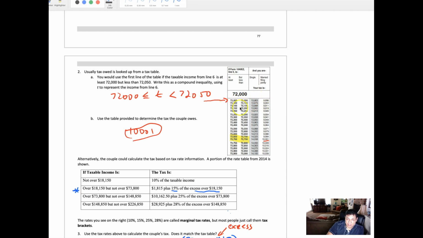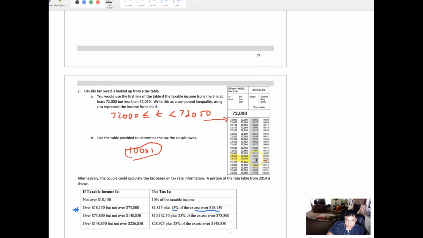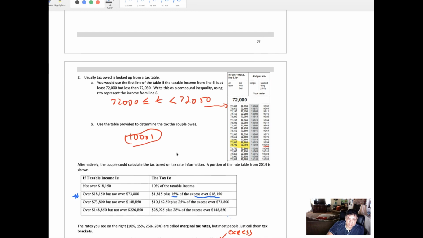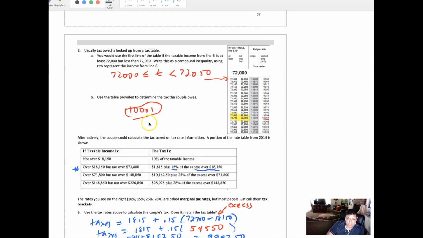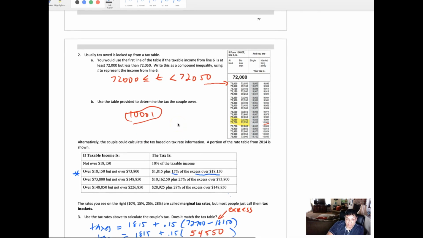That's how you determine if you owe tax or not. For the couple on the top, 72,700, you'd be using this row, and they would owe $10,001 in tax. If during the year they didn't pay that much, then they owe. If they paid more in taxes than that, then they get a refund.